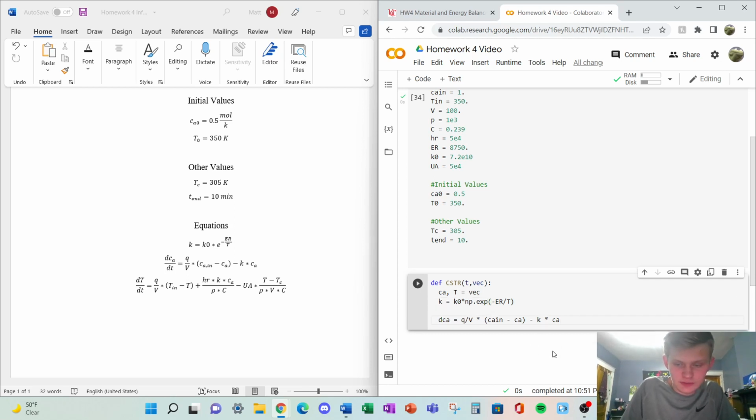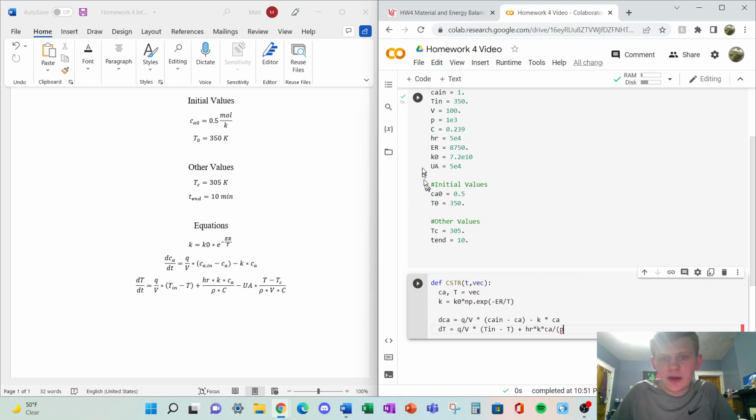And we'll have our rate of change for the temperature. We'll call this D capital T, not to get it confused with time. We'll have our flow rate in divided by our volume as per usual. Then we'll have our temperature going in minus our temperature of the tank, or our temperature going out. Then we have our heat of the reaction times our reaction rate times our concentration divided by our density.